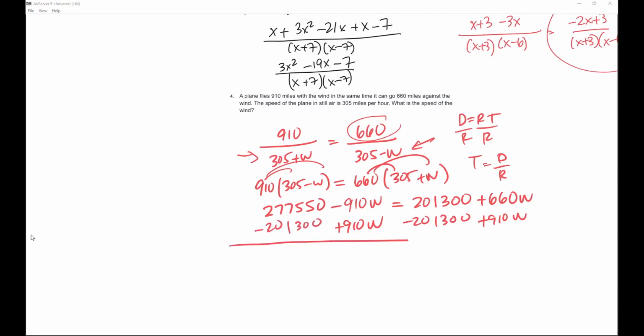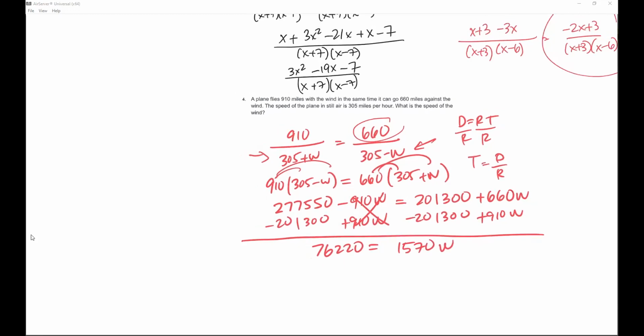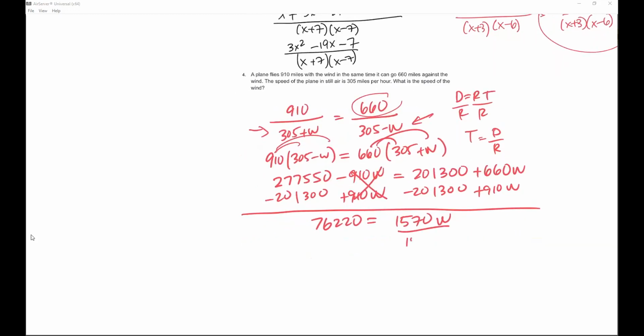Cross that out. And that's 76,220 is equal to 1570w. Divide that by 1570. W is equal to about 48.5.